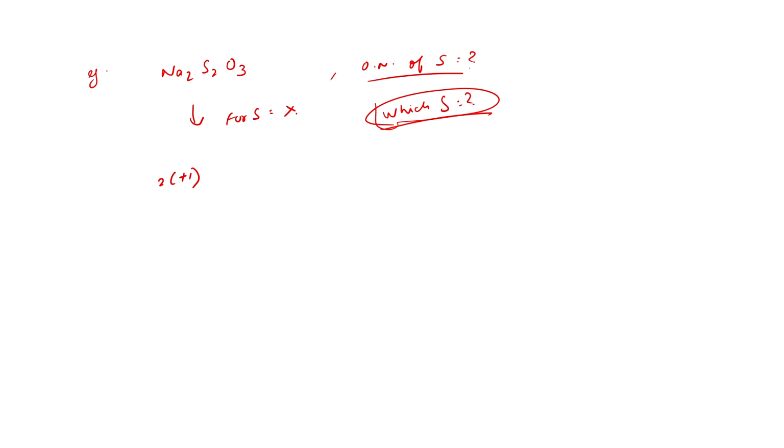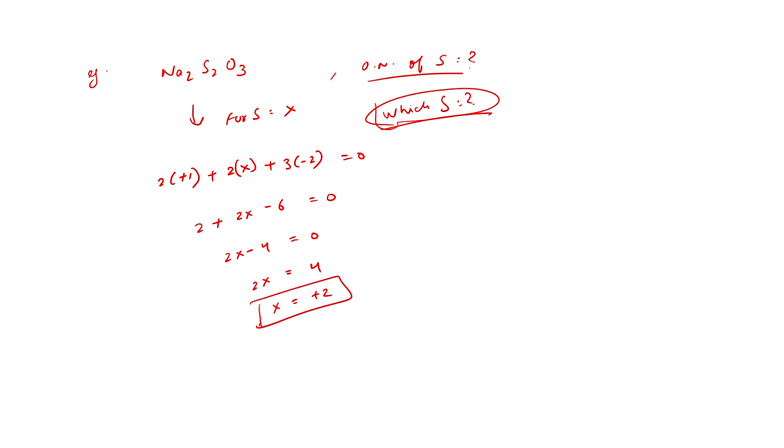How many sulfur are there? 2 sulfur, so that means 2x, for oxygen -2. So the sum is 0: 2 plus 2x minus 6 equals 0, 2x minus 4 equals 0, 2x is equal to 4, x is equal to +2.